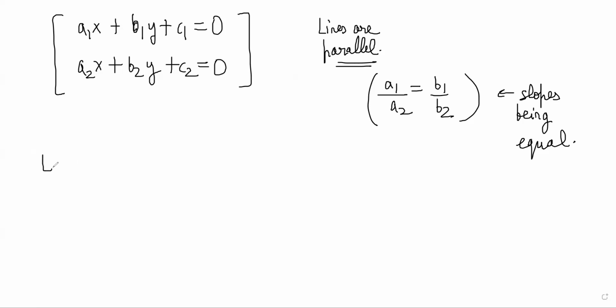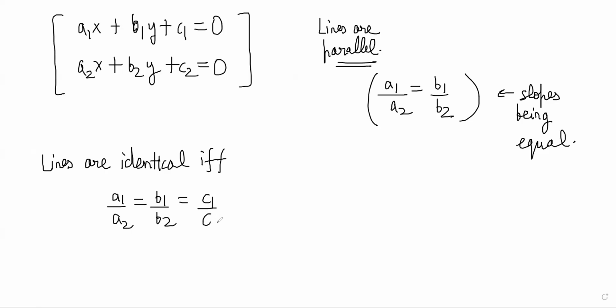But the lines are identical if all three ratios of coefficients are the same. Lines are identical if and only if a1 by a2 is equal to b1 by b2 is equal to c1 by c2. Then they represent the same straight line because the coefficients are in the same ratio.